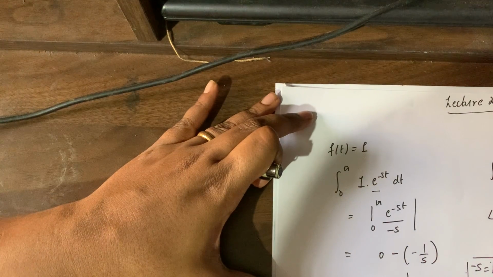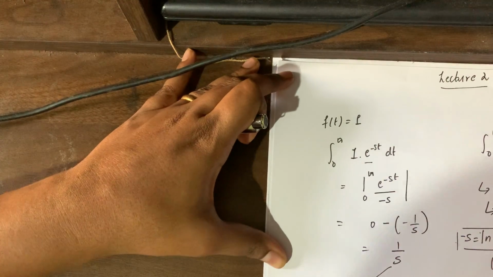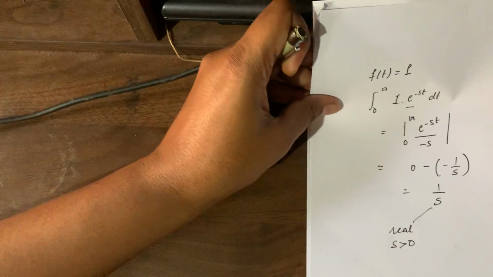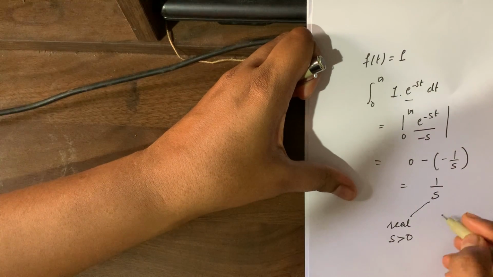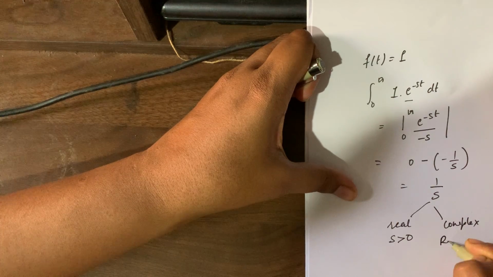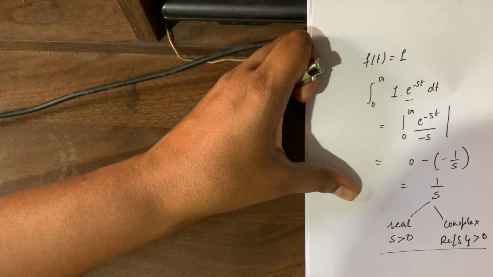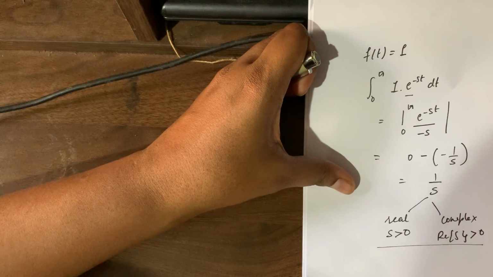If this is real, then s should be greater than 0. And if this is a complex function, the real part of s should be greater than 0. It should not be equal to 0, otherwise it tends to infinity. That means the function diverges.